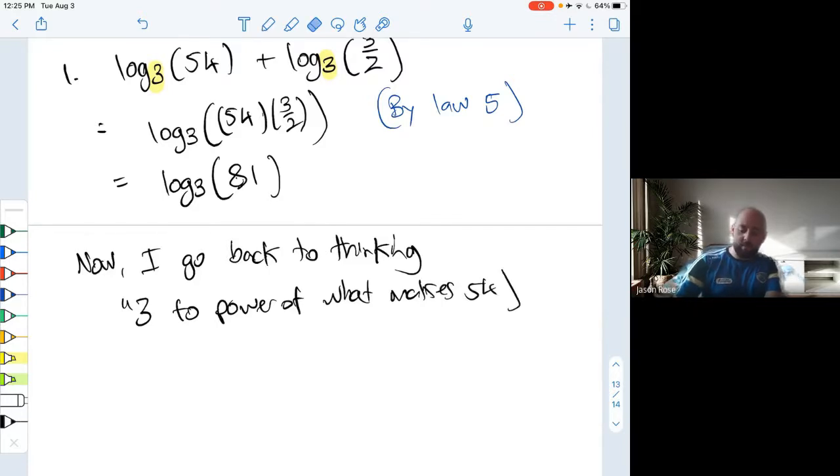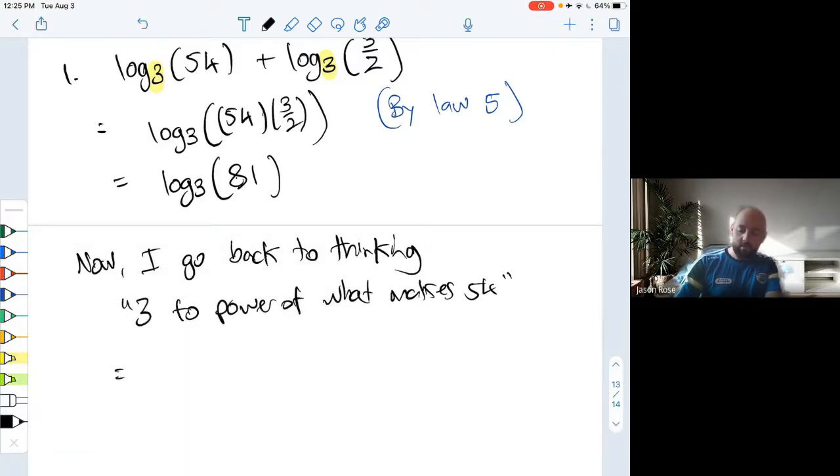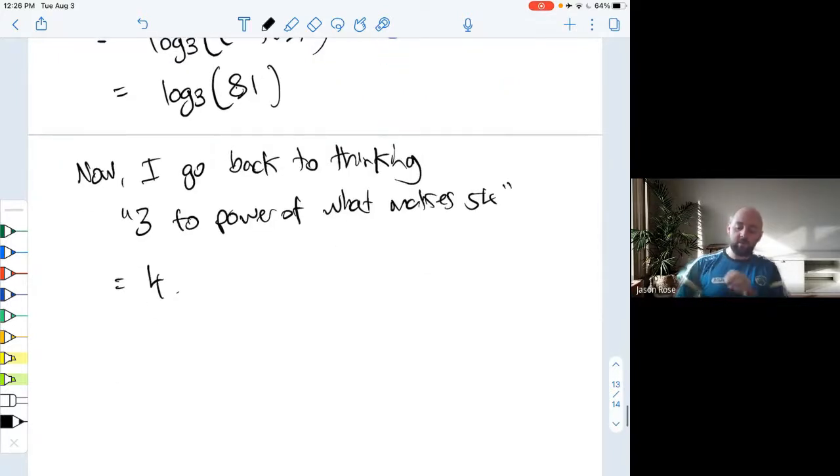Oops, that's not a bracket, that is a colon thing. And yes, the answer is 54. No. I'm tired. The answer is 4. Okay. So that's one way that we could use the log laws to simplify a little bit.